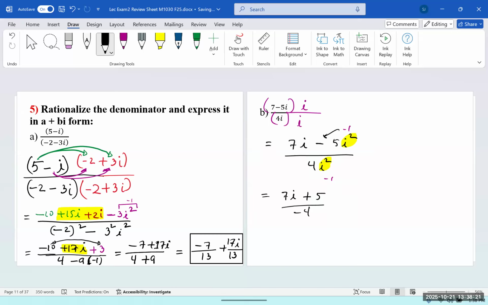Can we stop here? No. What do you have to do next? Split it, and you have to do the real number first and i later. So 5 over -4 minus 7i over 4. I mean, you can do plus 7 over -4, but then you have to write -5 over 4 minus 7i over 4.